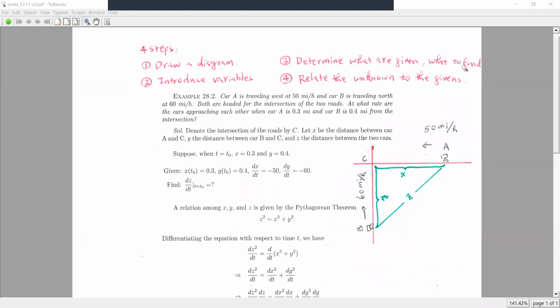What do we need to find? We need to find the rate at which car A and car B are approaching each other at the instant when car A is 0.3 miles and car B is 0.4 miles from the intersection point C. That is, we need to find the derivative of c with respect to the time t. c is the distance between the two cars.